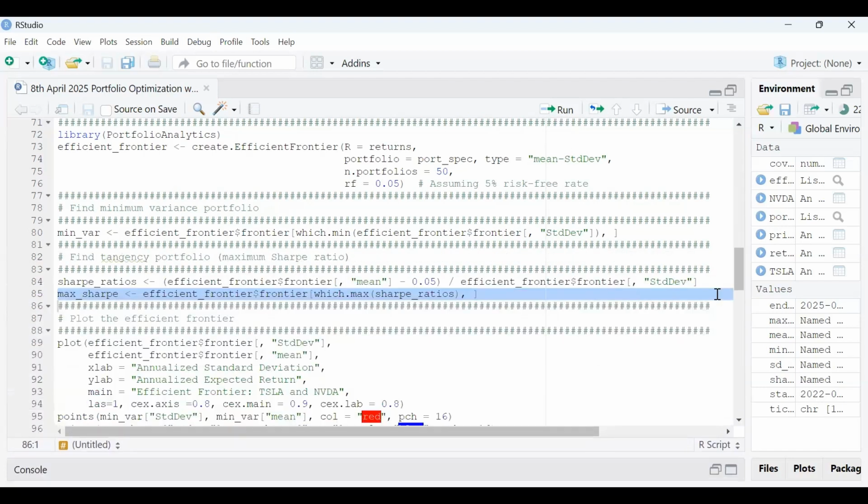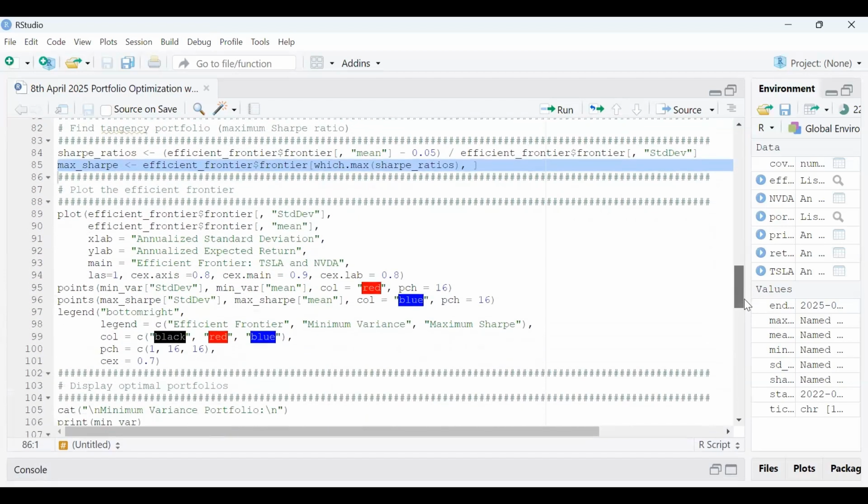So now I can go ahead and plot my efficient frontier. So for me to plot my efficient frontier, I have my x-axis to be the risk component, which is the standard deviation, and then my y-axis is the return component, which is the mean returns. So I'm using just the plot function.